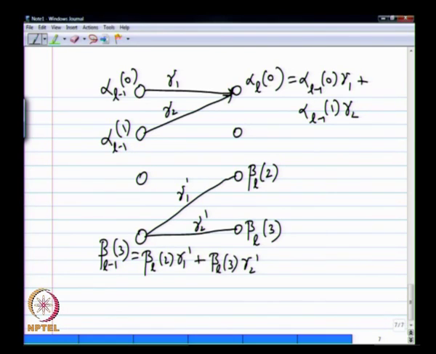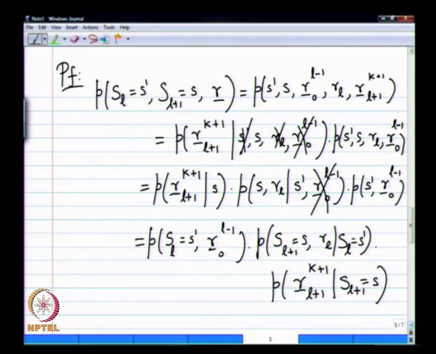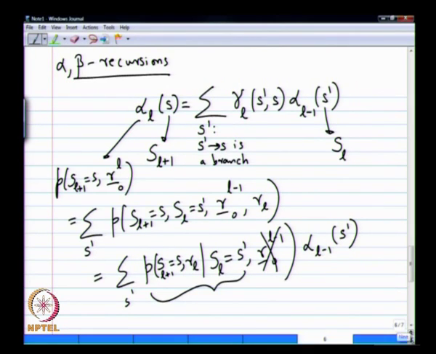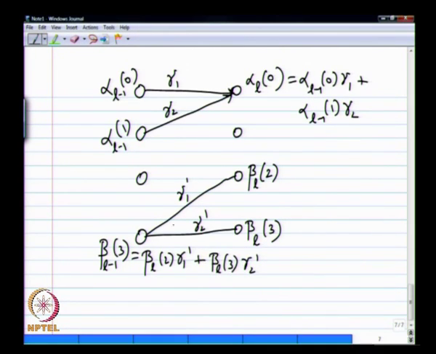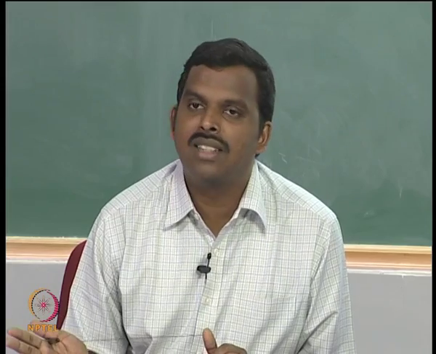So how do you start the recursion? Any recursion has a starting point. What is the starting point for this recursion? If this were the zeroth stage, then what do I know? You are always starting at the all zero state. So only one state will be probable with probability 1, all the other states will have probability 0.